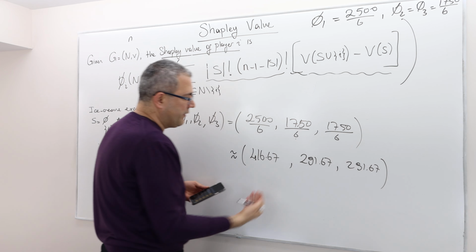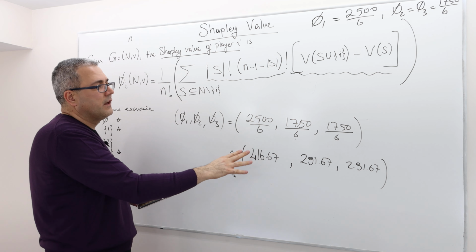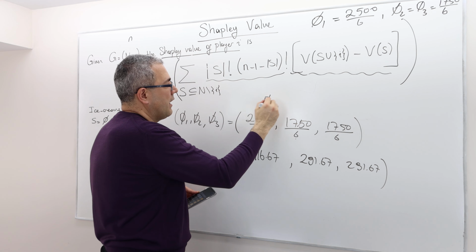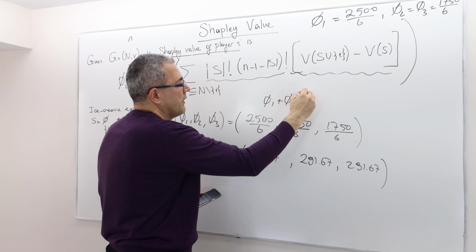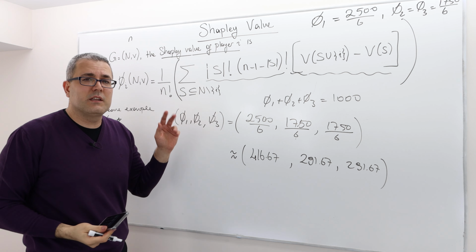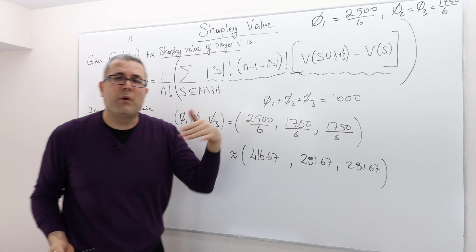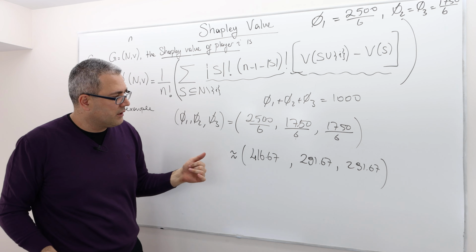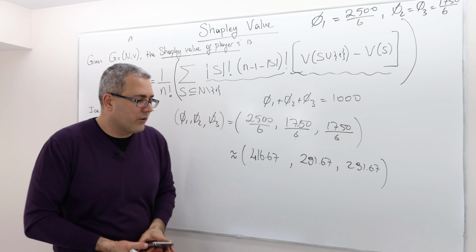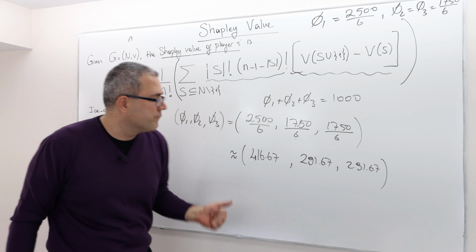But the thing is, phi 1 plus phi 2 plus phi 3 is exactly equal to 1000, so it's efficient, it's feasible. All of them are positive, so they're individually rational.